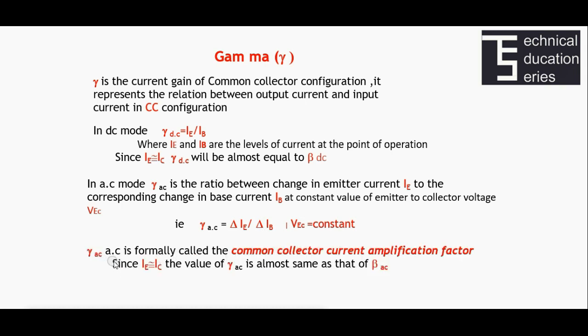Gamma AC is normally called common collector current amplification factor, and as the value of IE is approximately equal to IC, the value of gamma AC is almost the same as that of beta AC.